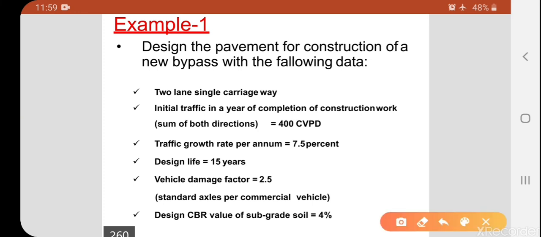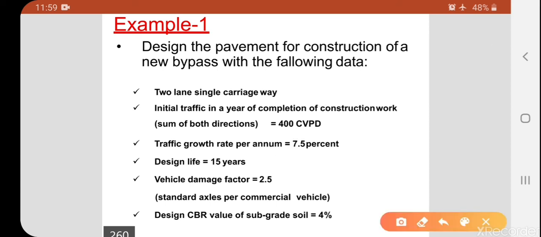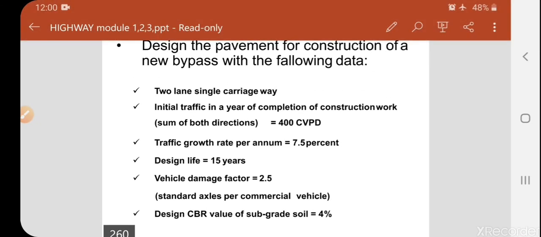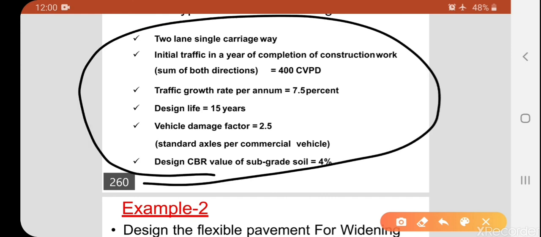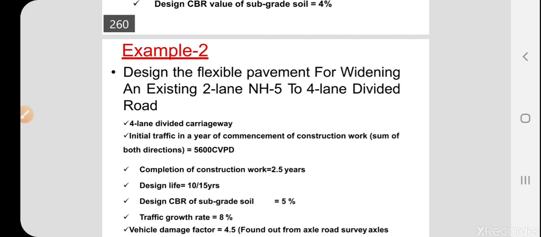Next, the initial traffic in the year of completion of construction work will be 400 CVPD and the percentage of growth is 7.5% per annum, for 15 years, which we should calculate. Then the design vehicle damage factor will be 2.5. Design CBR value of subgrade is 4%. For the solution, refer to the Khanna and Justo textbook, solve it in your assignment notes and submit to Google Classroom.